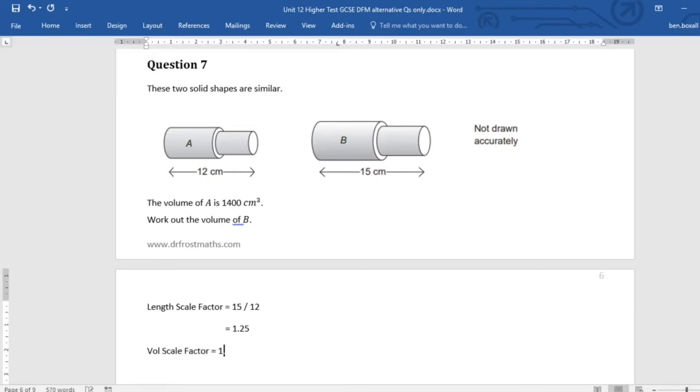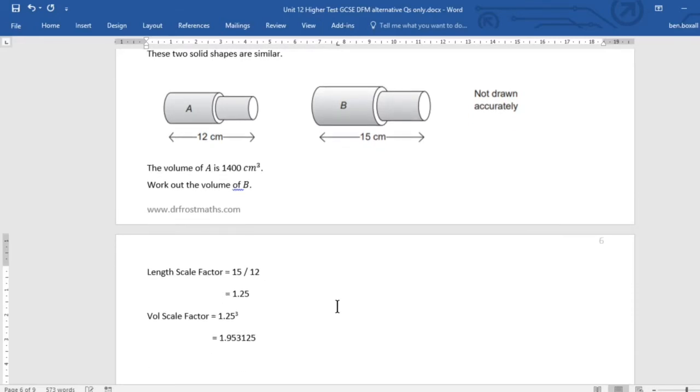And the volume scale factor is 1.25 cubed. Like that. What is 1.25 cubed? To the power of 3 is... oh, not a very nice looking number, but that doesn't really matter. So to get the volume of B, you've got to take 1,400, the volume of A, and multiply it by 1.25 cubed.